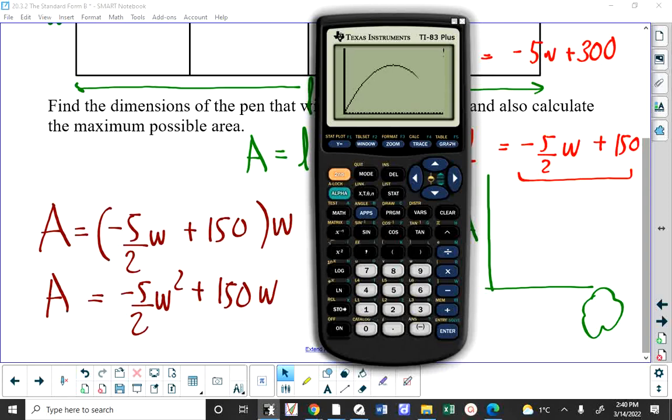It really is. If you understand how that table's operating, it's a great way to get the right window settings. Find the maximum. Left, enter, right, enter, enter. Oh, 30, 2250.